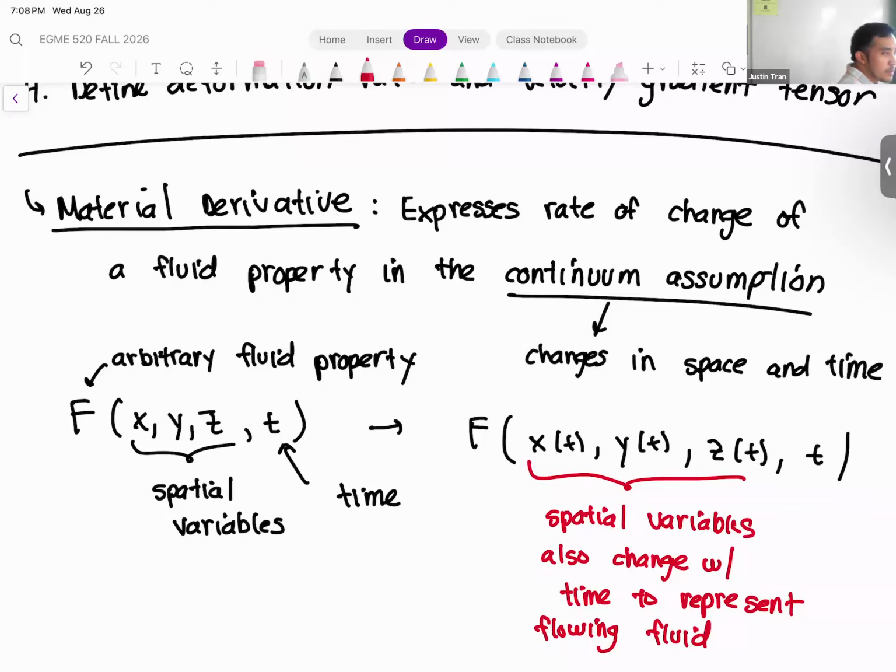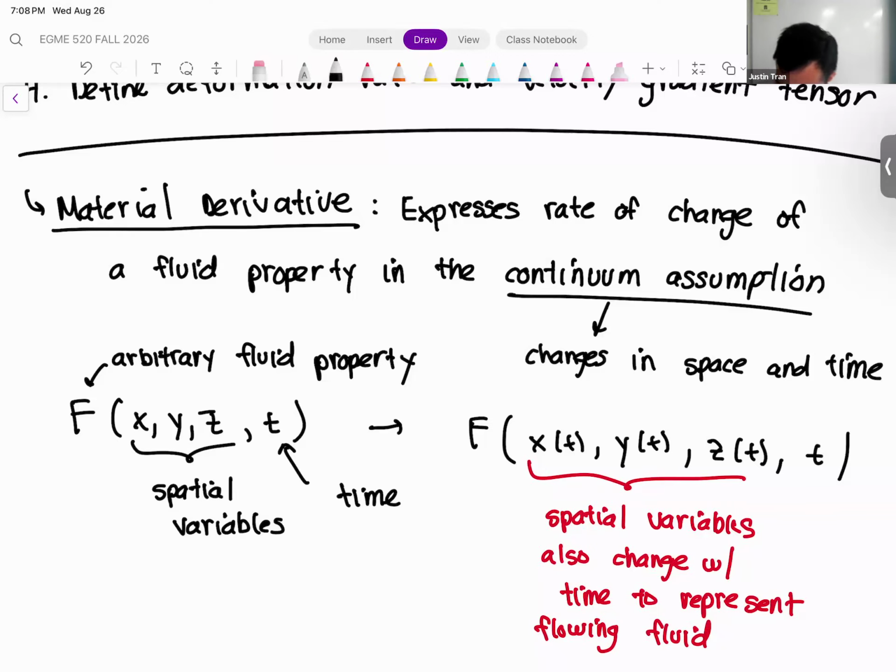I know that statement seems a little bit strange, but it's just due to the fact that we're under the continuum assumption, and because the fluid is flowing, our positions are going to be dependent on how we move with the flow. I think that's probably the easiest way I can state it.